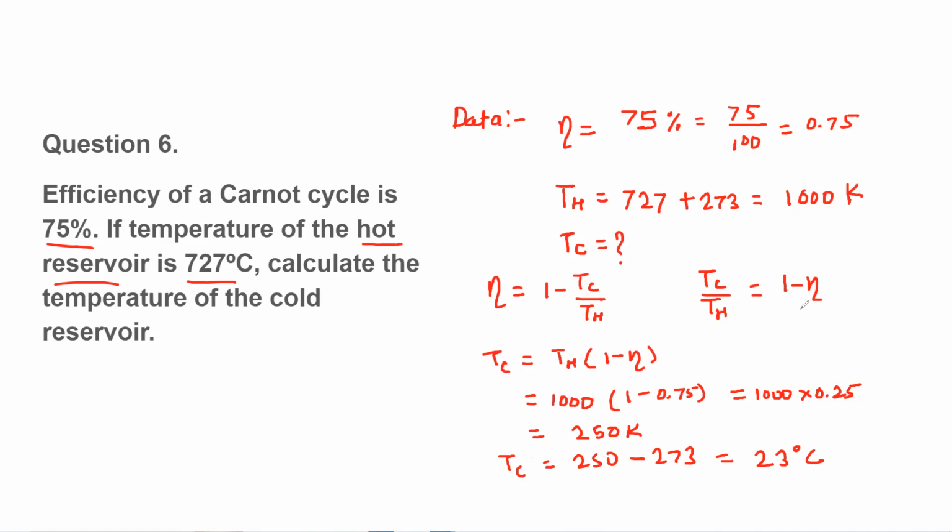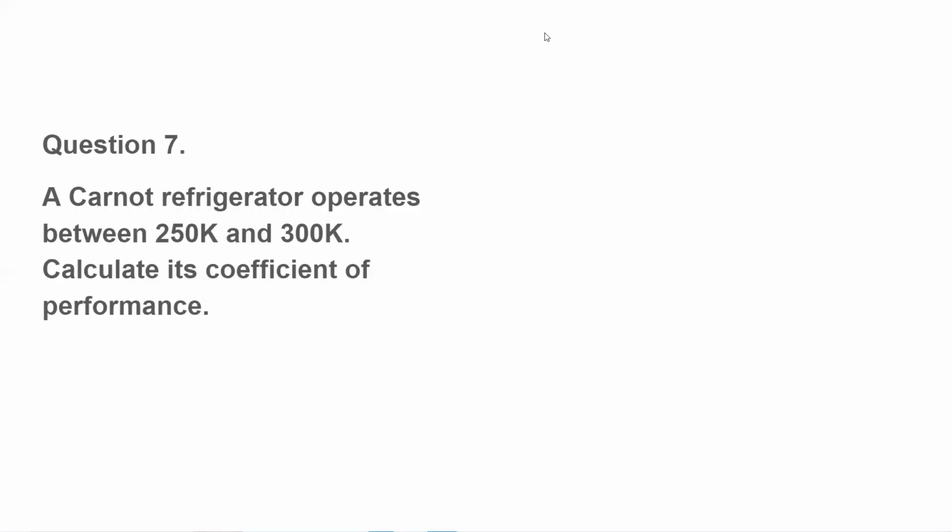Now let's move to next question, which is question number 6. A Carnot refrigerator operates between 250 Kelvin and 300 Kelvin. Calculate its coefficient of performance.